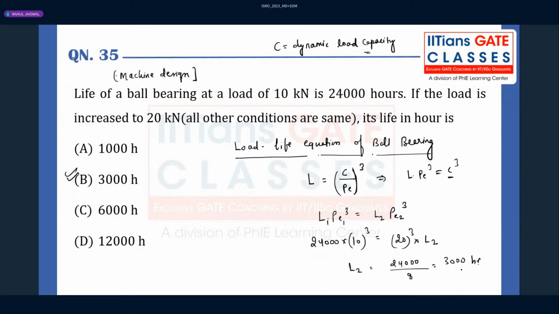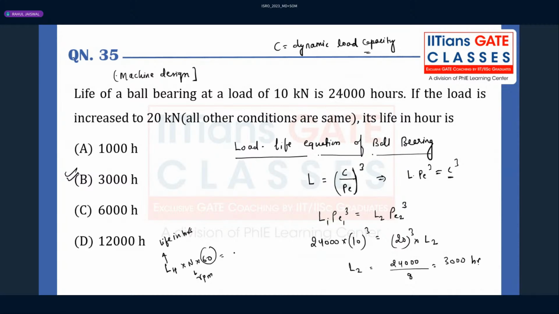Remember, we can write the life of the bearing in millions of revolutions, or in terms of number of hours. If you want to convert from hours into millions of revolutions, you take the life in hours, multiply by the RPM, which gives revolutions per minute, and the total number of minutes available.